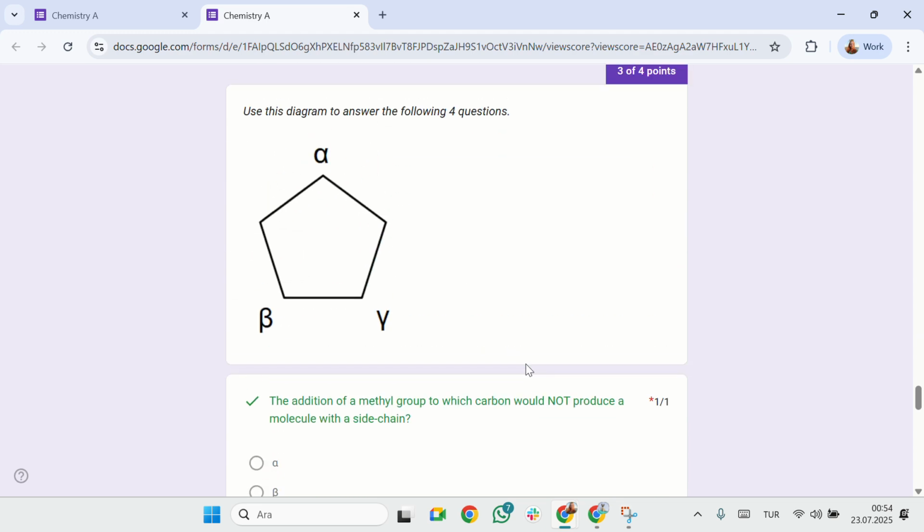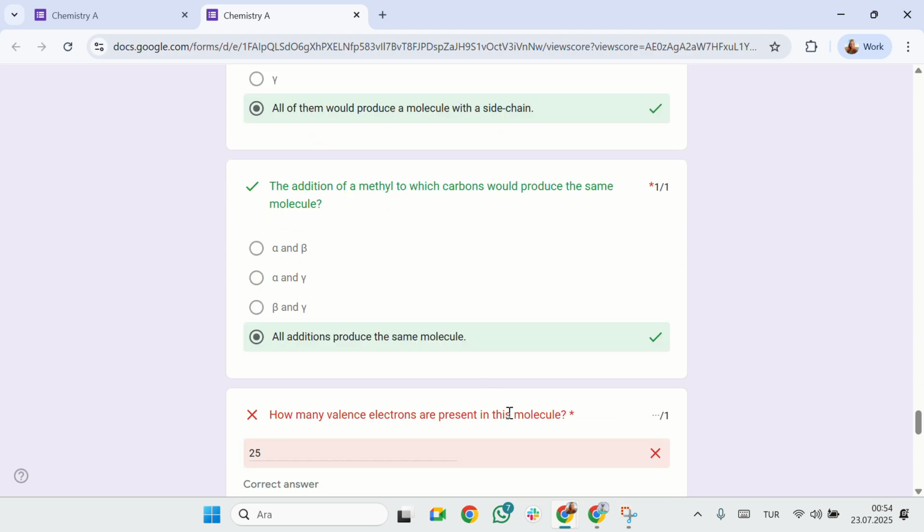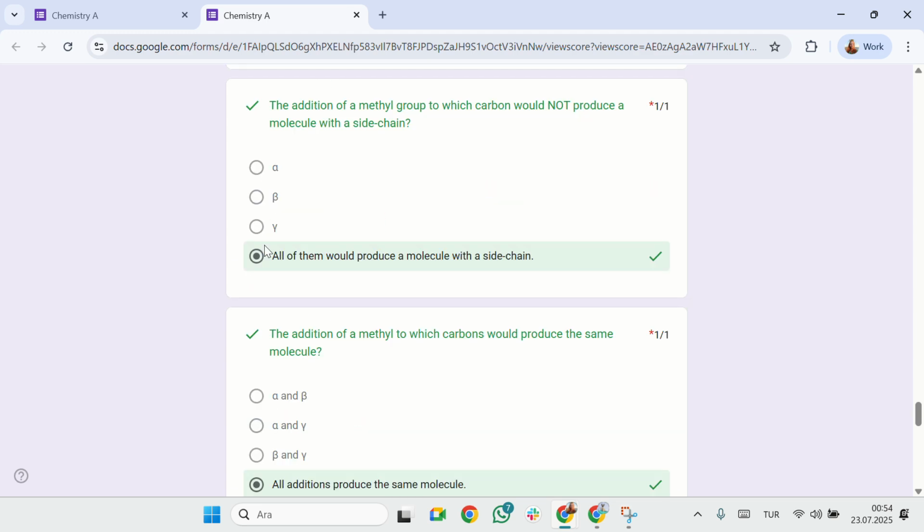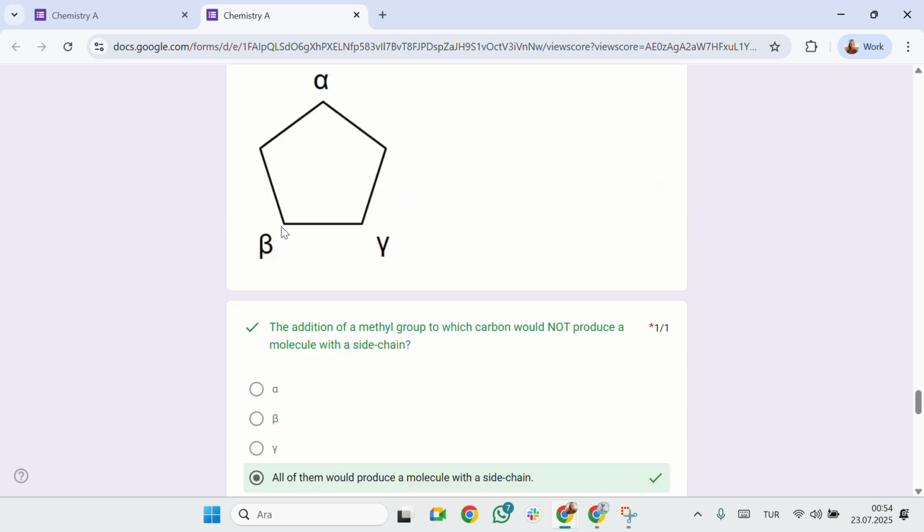Present in this molecule, valence electrons. 1, 2, 3, 4, 5. So 5 times 4, 20. And are these 20? And 1, 2, 3, 4, 5.